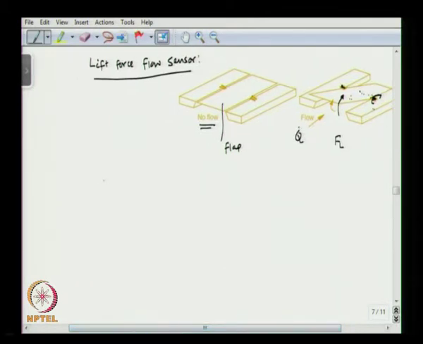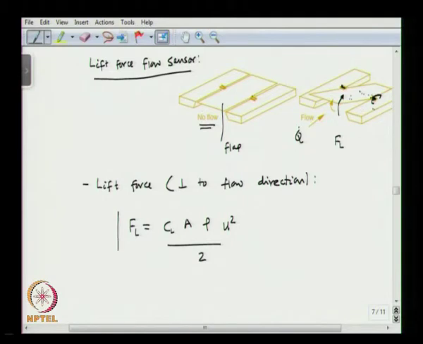So, what is going to happen here is that the lift force, which acts perpendicular to flow direction, is, so F_L is going to be C_L A into rho into u square over 2, okay.